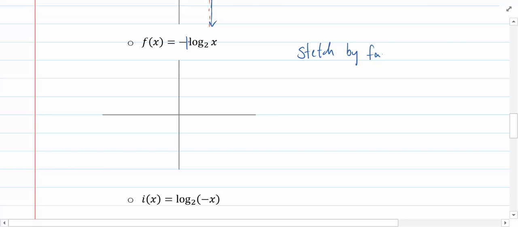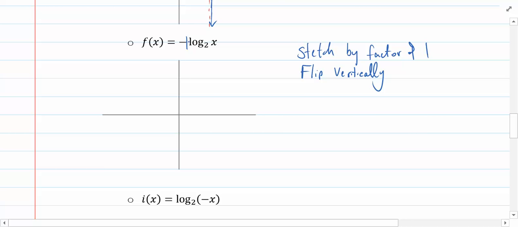So we're going to stretch by factor of 1, but again, stretching by a factor of 1 doesn't really change anything. But the big change here is because of that negative sign. The negative sign must flip this graph vertically because that -1 is on the outside.